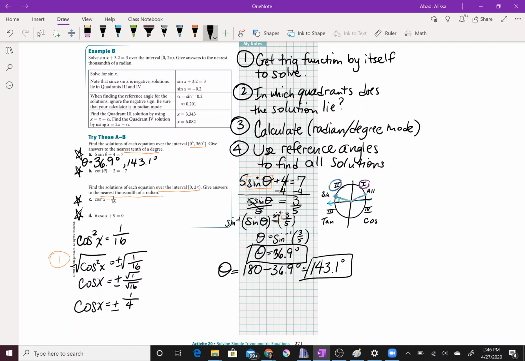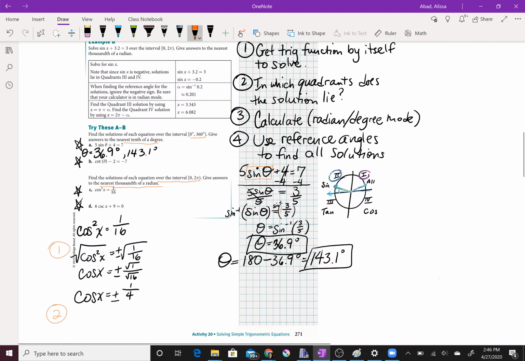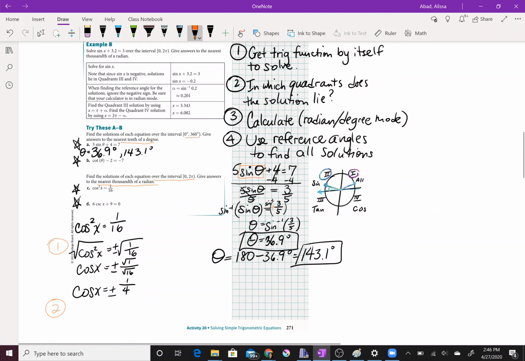But now, in which quadrant does the solution lie? I am going to go back to the unit circle. Now, since it has positive and negative 1/4, that means that it actually applies to all of these. So you will end up with 4 solutions here.